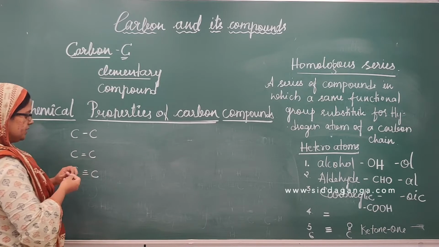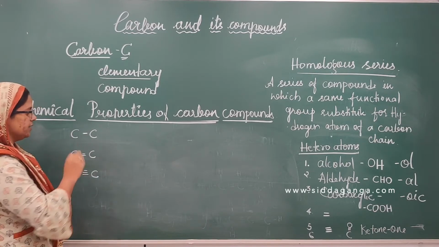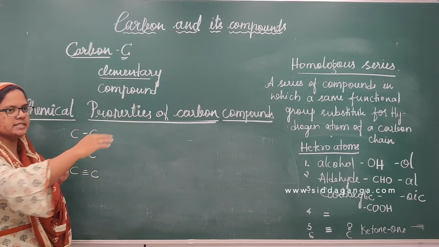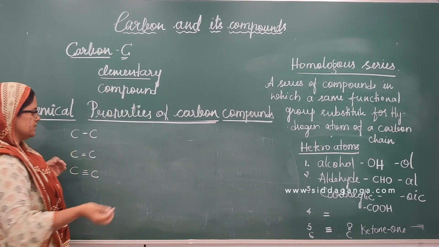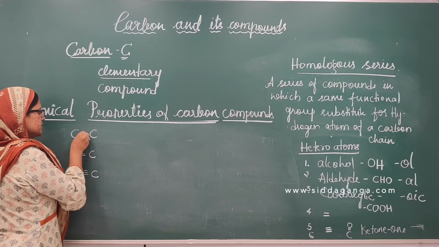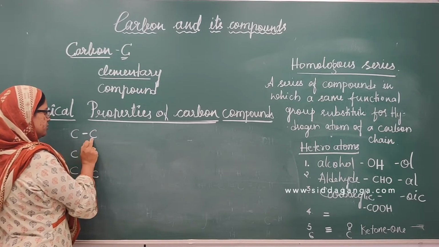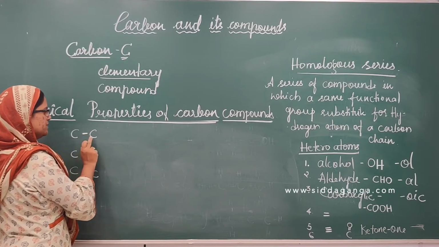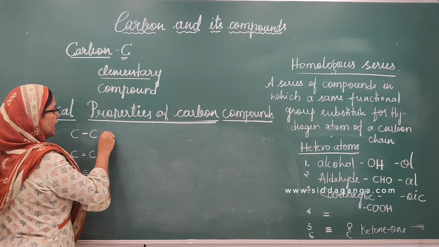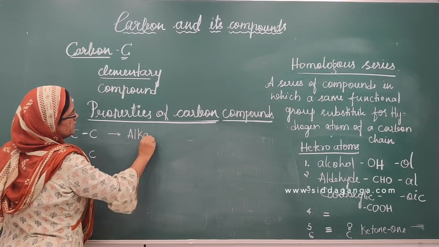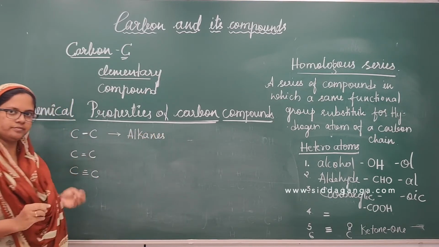If a CH2 difference is there in a series, we call that series a homologous series. If the homologous series consists of single bonds between the carbons, we call that series alkanes.